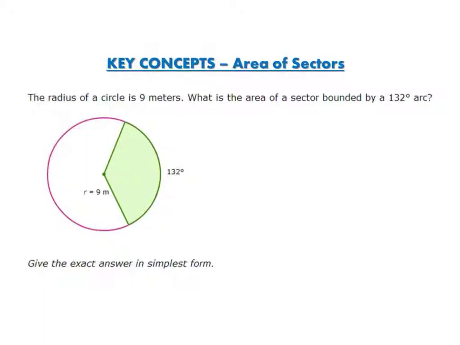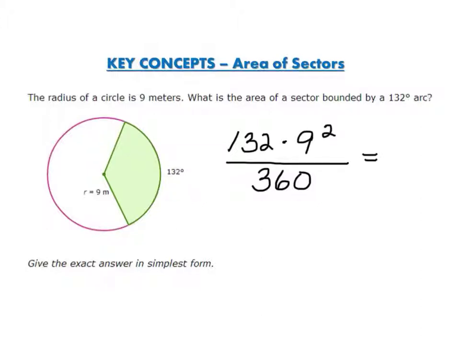So the formula is to take the measurement of the arc, 132, divide it by 360, and multiply it by, we're not using pi, so just r squared, which is 9 squared. When you get done, when you multiply that out on your calculator, it needs to be in fraction form, improper fraction form.